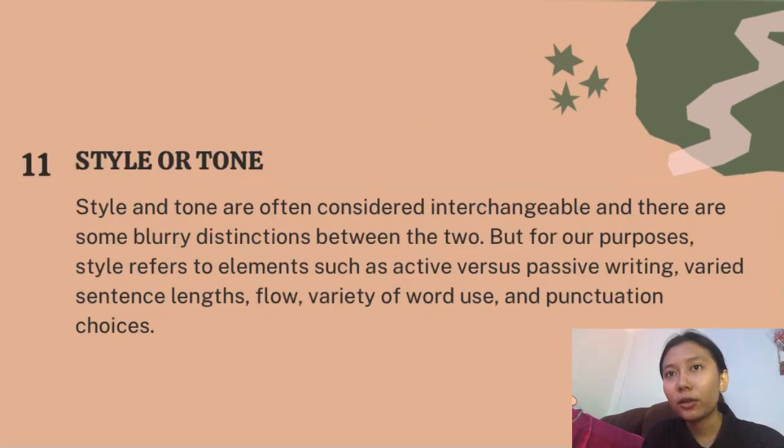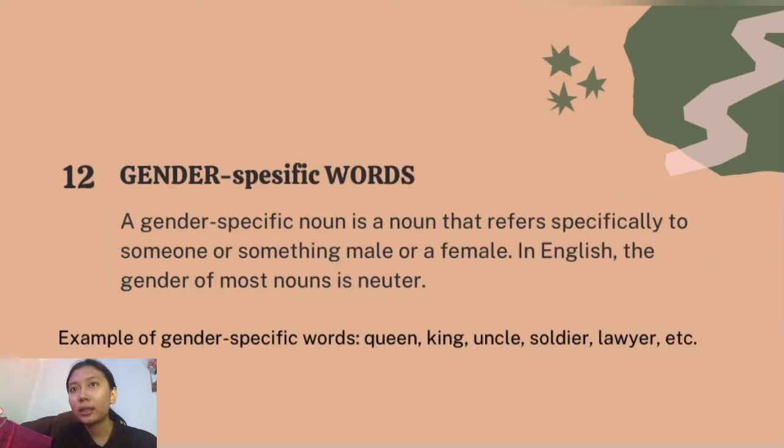Next is style or tone. Style and tone are often considered interchangeable and there are some blurry distinctions between the two. And last but not least is gender-specific words. Examples of gender-specific words are queen, king, uncle, soldier, and lawyer.